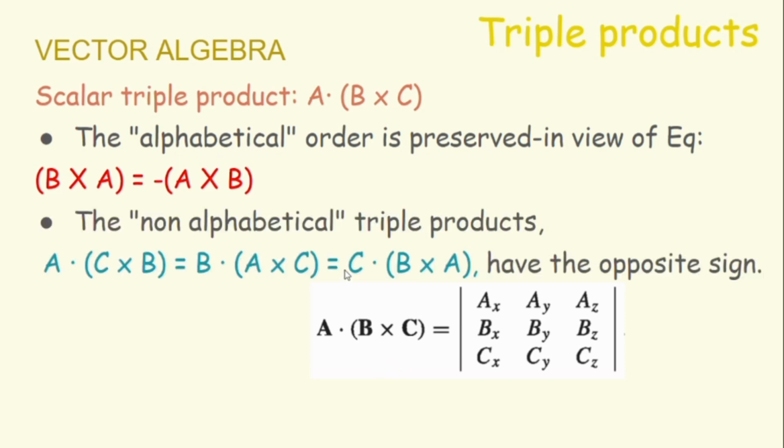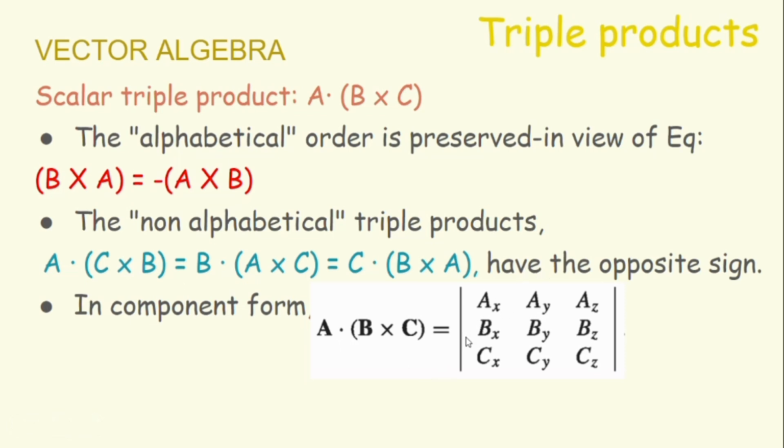For non-alphabetical triple products, we have the opposite sign, as I told you in the scalar vector product. If we reverse the position of vectors in this form, a negative sign will come before this matrix. So a negative sign will come here and here and here, because they are non-alphabetical.